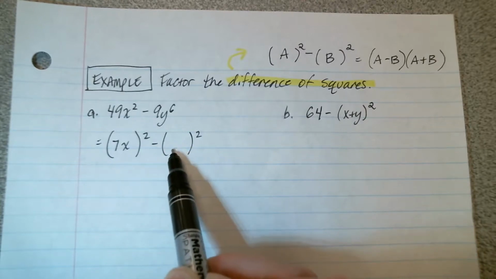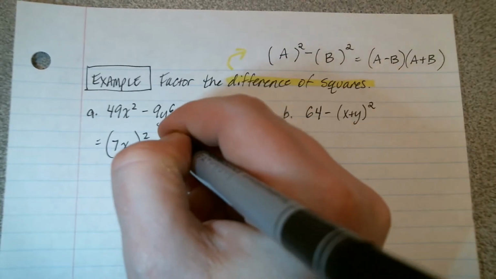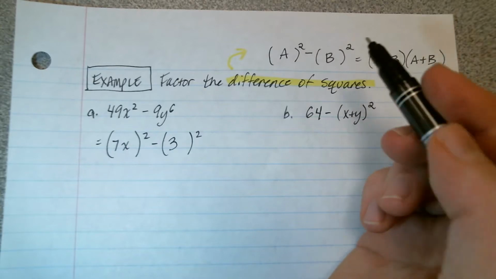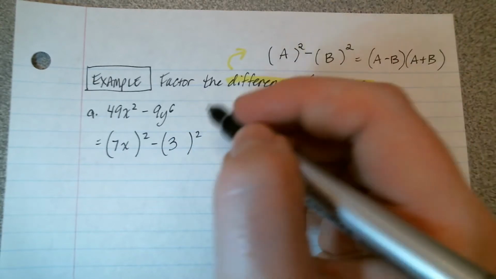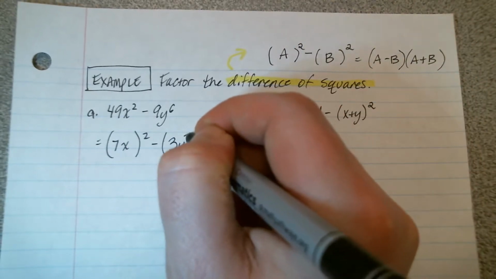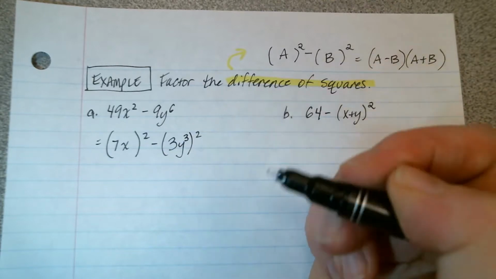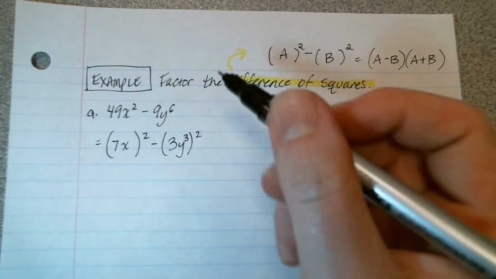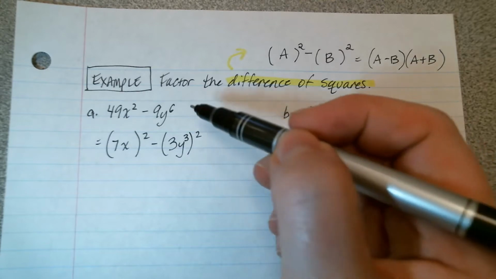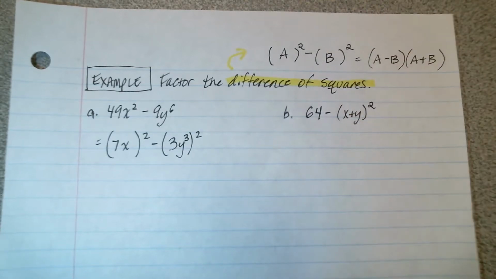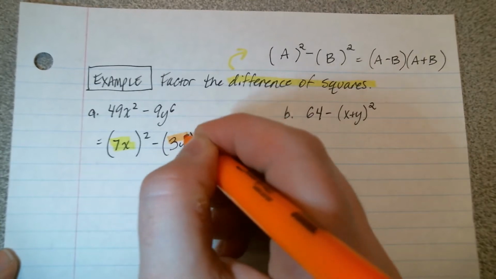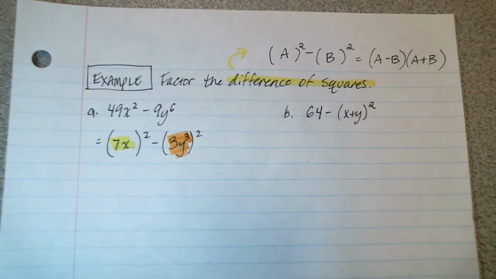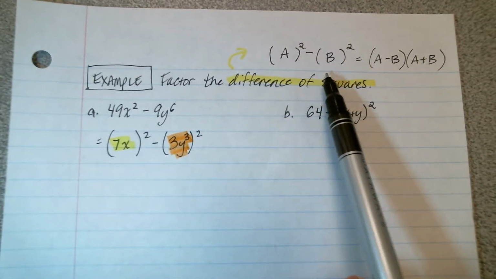Okay, I'll do the same thing here. 9 is 3 squared, and y to the sixth power is y cubed squared. If you use your properties of exponents, you can see that this is the same. Okay, so now it's really obvious that this quantity is A and this quantity is B. So I just use my formula up here.